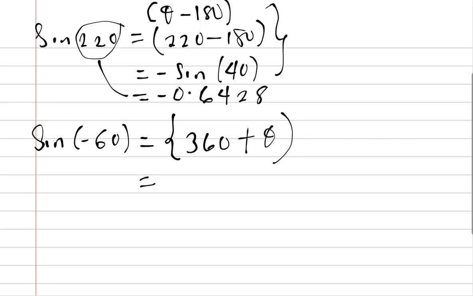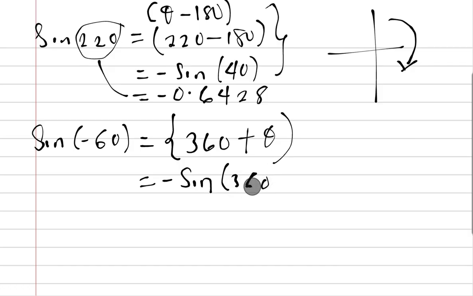For this one now, look at it. Sine of minus 60. Don't forget that since it is negative, it is coming like this. So you are going to have a minus sign here. Then 360 plus, what's your theta here?